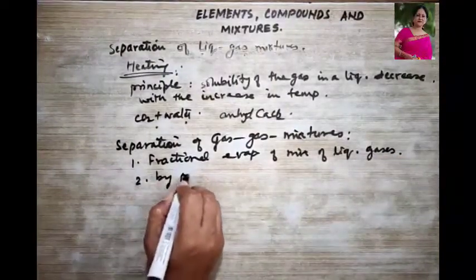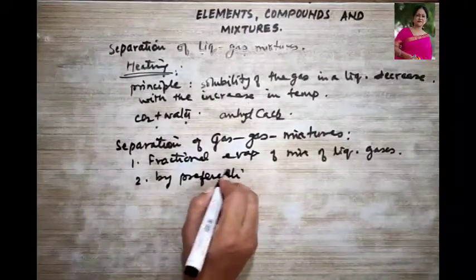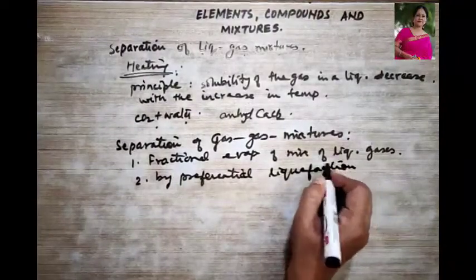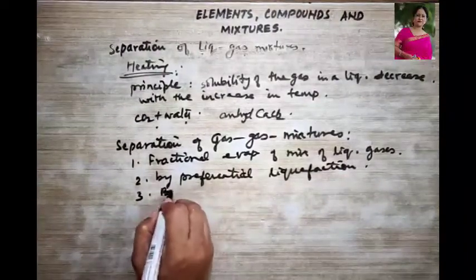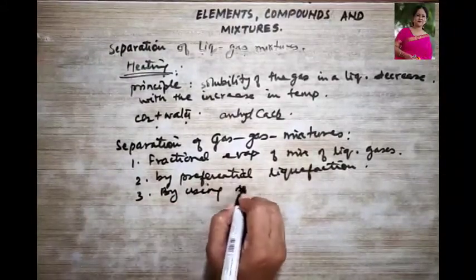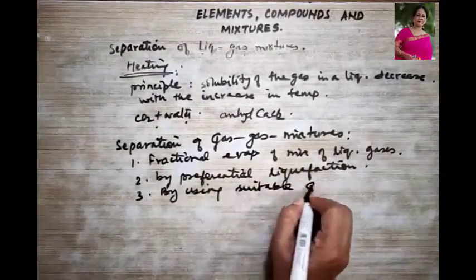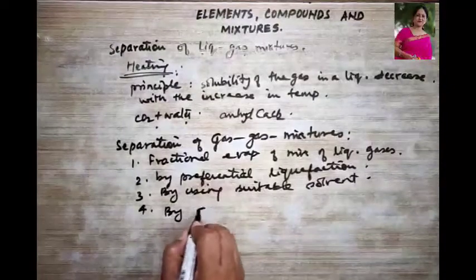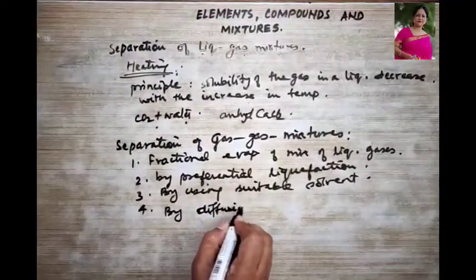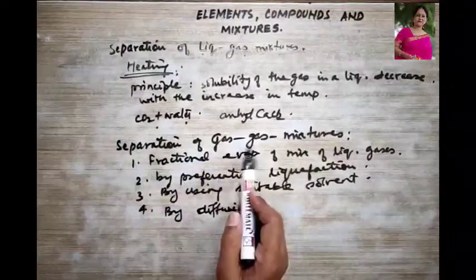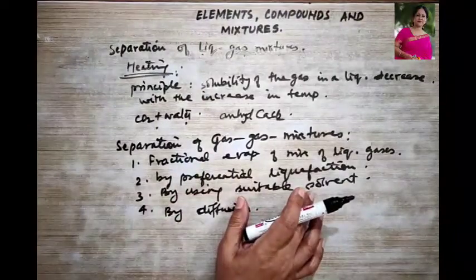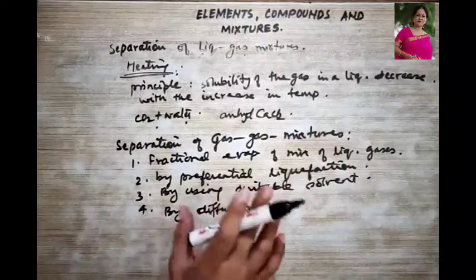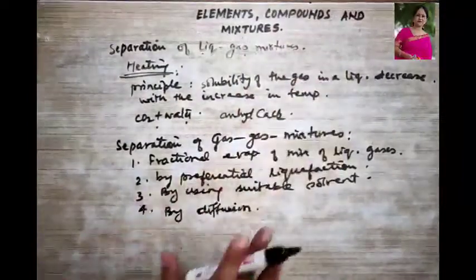Okay, then it could be by preferential liquefaction. And third one could be by using any suitable solvent, right? And the fourth method could be by diffusion method. So all these are the different methods to separate gas-gas mixtures. Okay. So with this we finish off with our chapter of elements, compounds and mixtures.